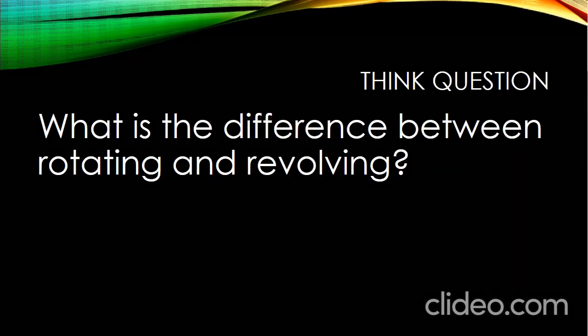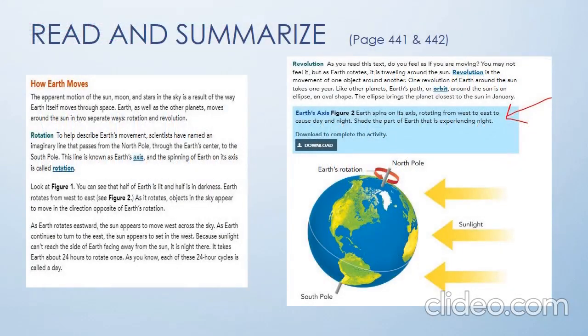Next, textbooks to pages 441 and 442. On these pages, I want every one of you to take about 5 to 10 minutes to read and summarize the important points on an A4 paper. Take your time, read.